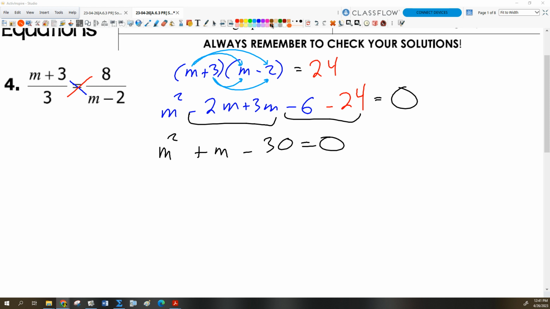How would we solve that one? Do we need to use the quadratic formula, or can we factor it? We can factor it. Yeah, what are the magic numbers?